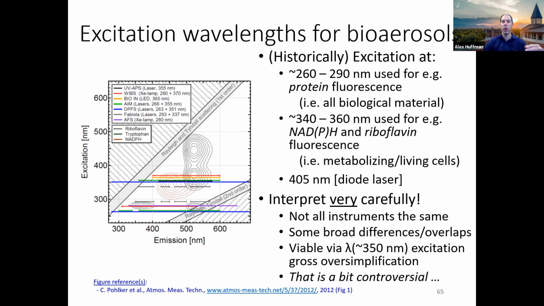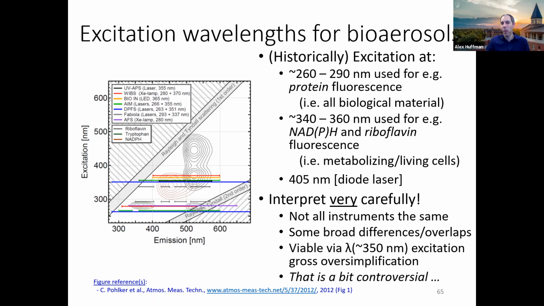And this was done early on to focus on 2 different regions. The 260 to 290 region is used approximately for protein fluorescence. The idea is that aromatic amino acids in this region will fluoresce no matter what's going on with the molecule or what's going on with the biological particle, I should say. And then this region around 350, you pick up NADH and NADPH and riboflavin.